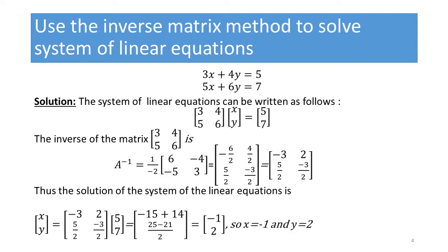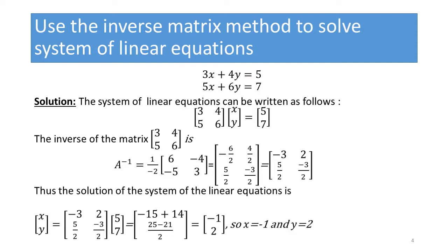So now let us find the A inverse. For that we have to find the determinant of A. Determinant of A is 3, 4, 5, 6. That is equal to 18 minus 20, that is equal to minus 2. So minus 2 is the value of the determinant.